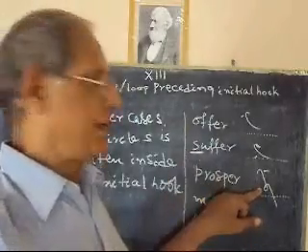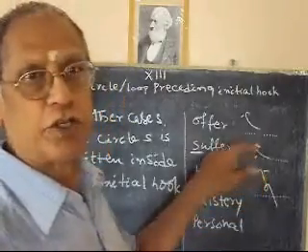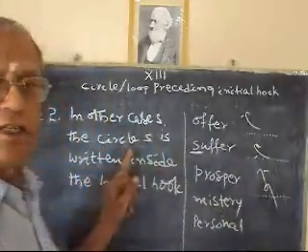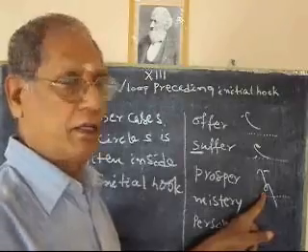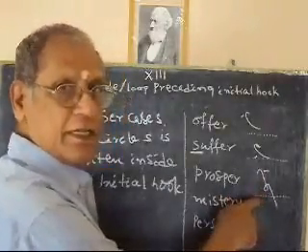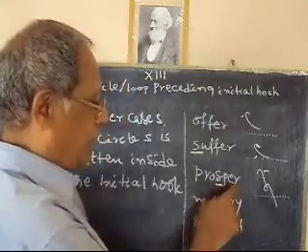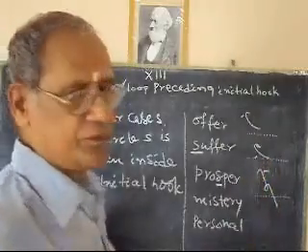The circle is written inside the R hook. Here, inside the hook. Similarly, in other cases, the circle is written inside the hook. Per is there. This has come. Before that, this has come. So it is clearly shown.